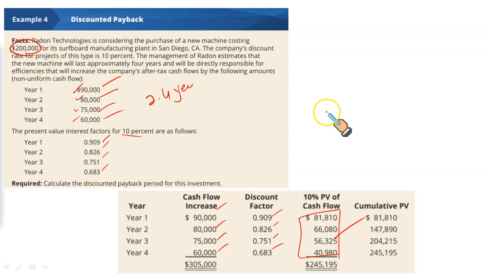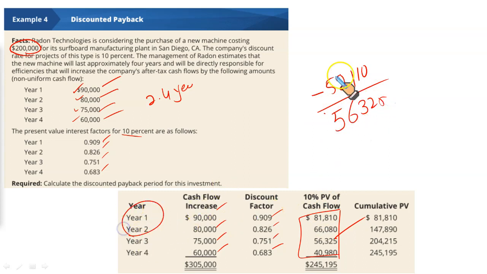At the end of year 2, I still have to recover 52,110 from the third year's discounted cash flow of 56,325. So 2 years are covered for sure, and 52,110 is what I need from the third year's discounted cash flow. That comes out to be 0.935, which means the payback period is going to be 2 years plus 0.935, that's 2.935.